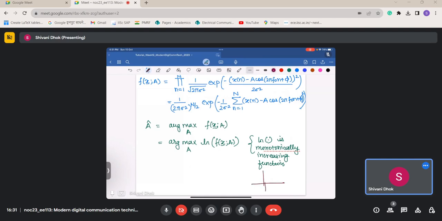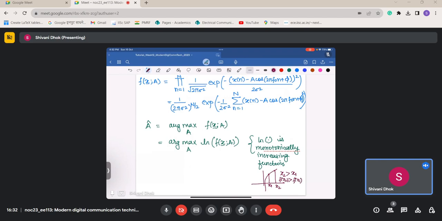Your log actually goes like this. If I take this x1 and this x2, and x2 is greater than x1, then f of x2 is also greater than f of x1. This is known as a monotonically increasing function, and log is one such.